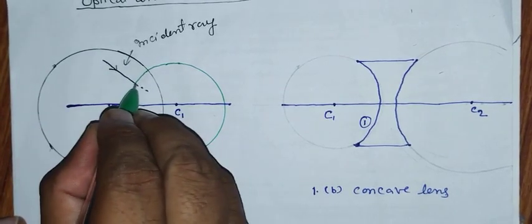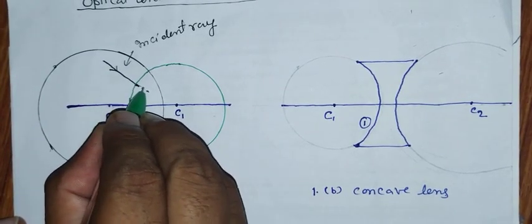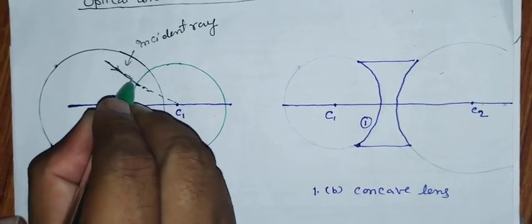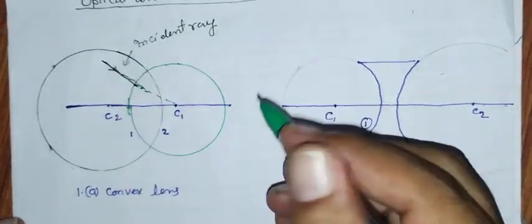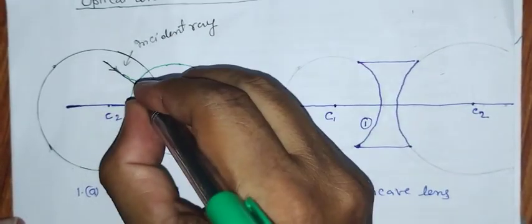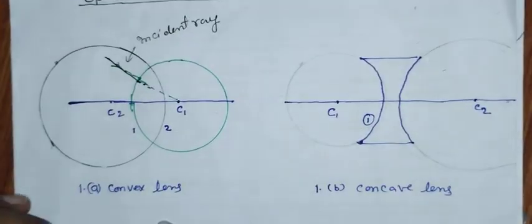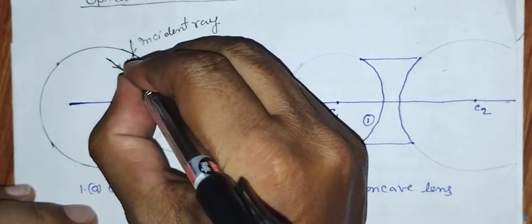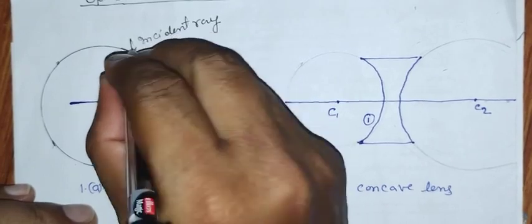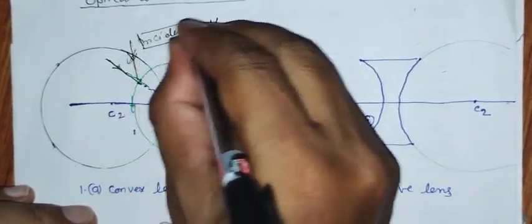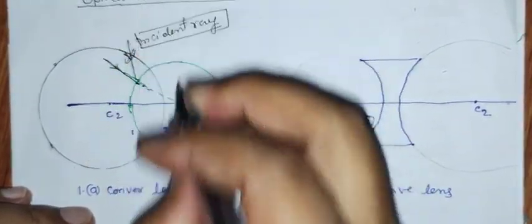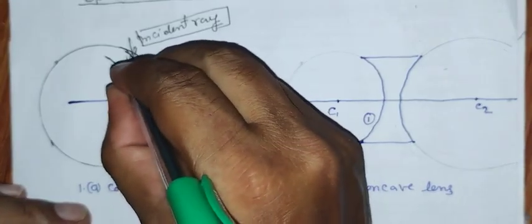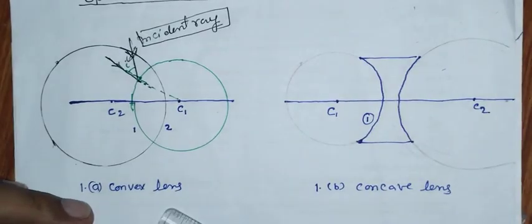So we take this as a normal, and at this point we take the incident ray in this direction, and this is the angle of incidence.